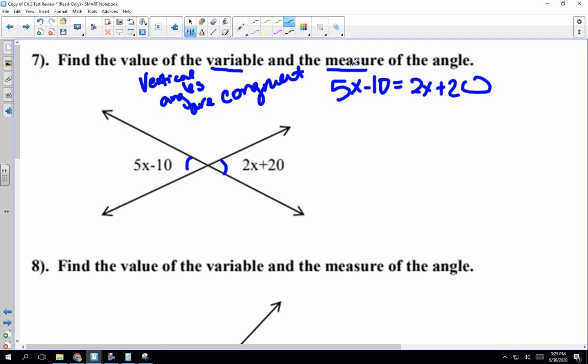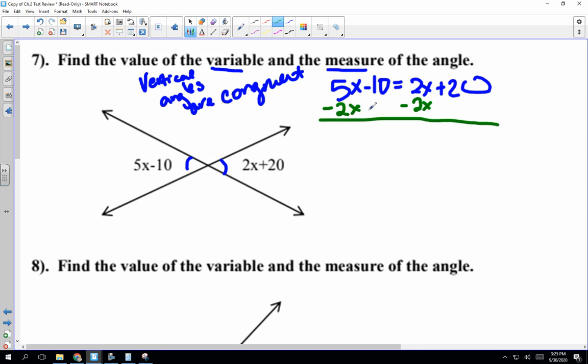We're not going to stop just with x. We're going to keep rolling on until we also have the angle. All right, we have to make a decision. Do I want to subtract 5x's or 2x's? In this case, I always go with the smaller because it makes my calculations a bit easier.